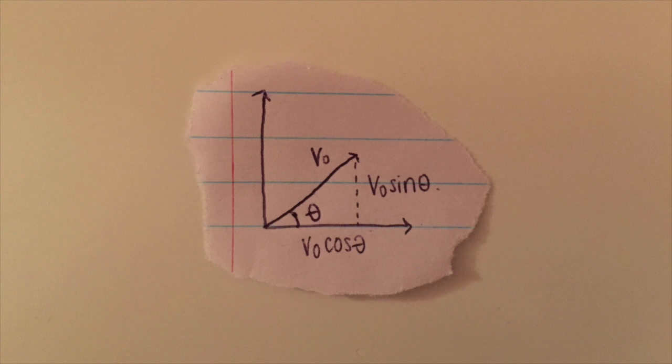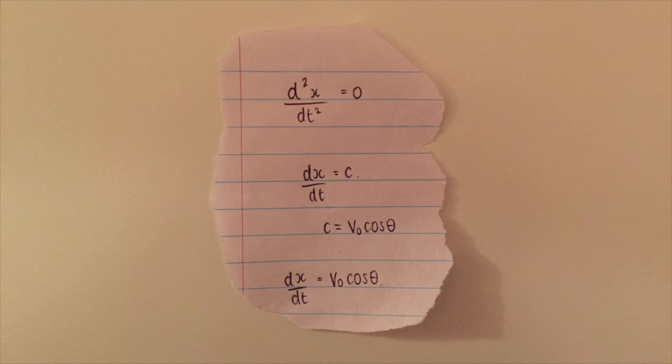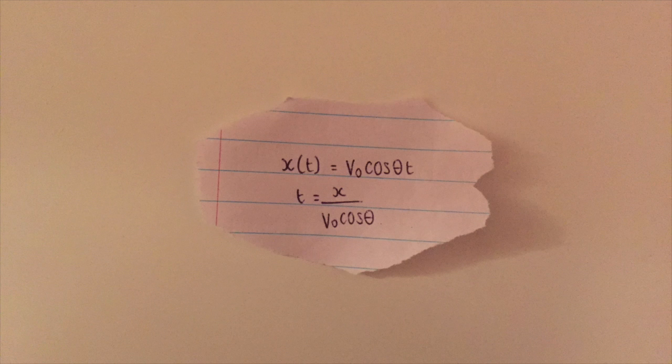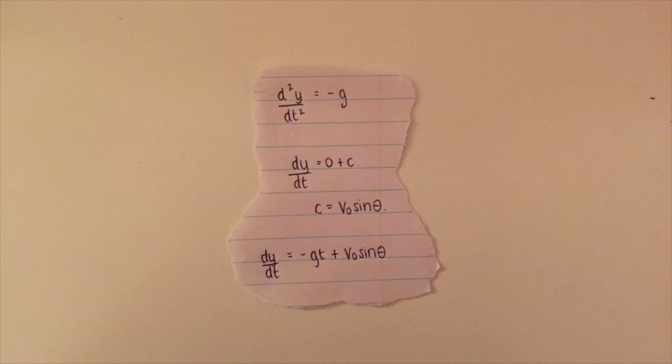In order to model the x and y components, we split the velocity separately in terms of horizontal and vertical. Since the horizontal acceleration is naught, we can use this to find the velocity and displacement through integration. Similarly, the vertical acceleration is just gravity, so through integration we can find the velocity and displacement once more.